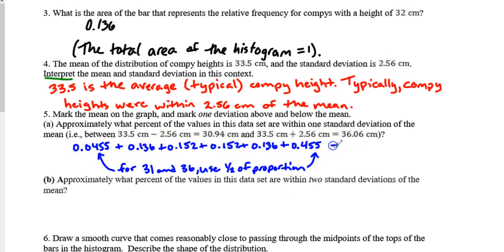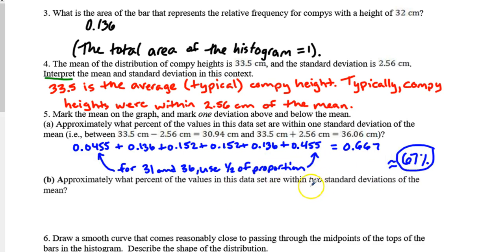Let's do some addition. Add those all up. It works out to be 0.667, which I can just say is about 67%. Okay. So that's within 1 standard deviation for this kind of bell-shaped curve. About 67% is within 1 standard deviation.